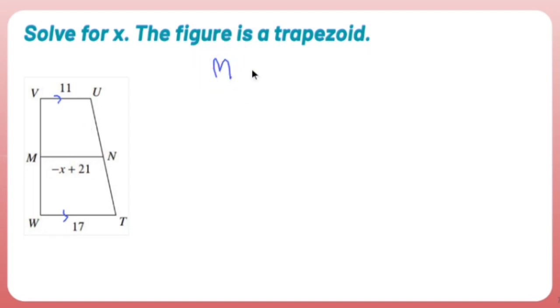The formula to find the median is 1/2 times the sum of base sub 1 plus base sub 2. It doesn't matter which one is base sub 1 or base sub 2.